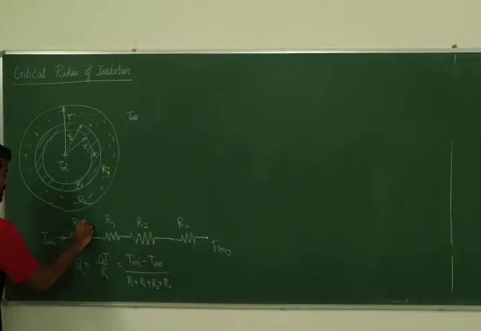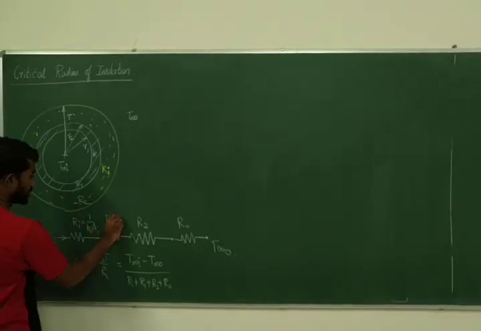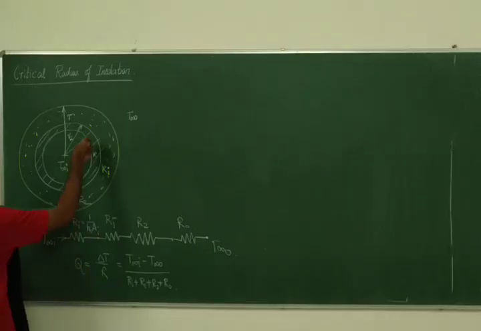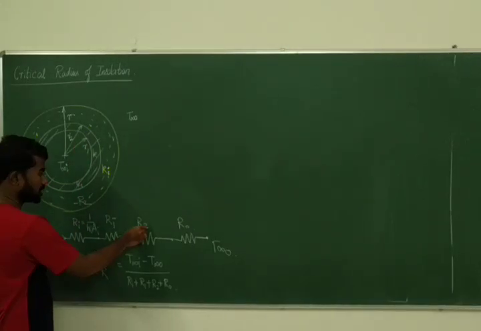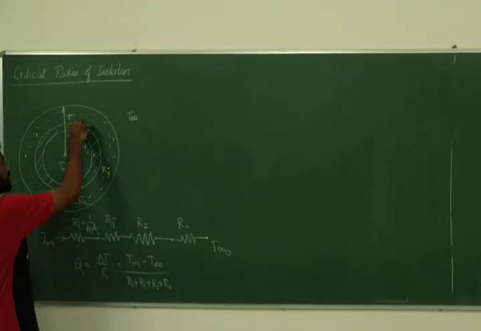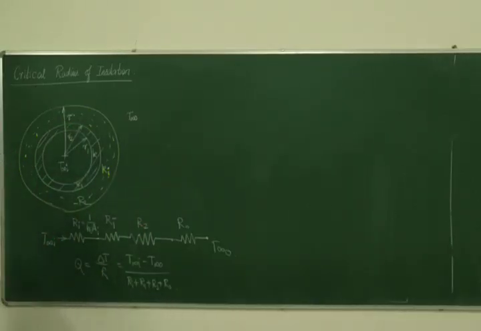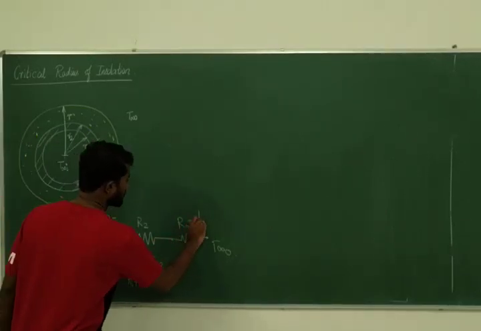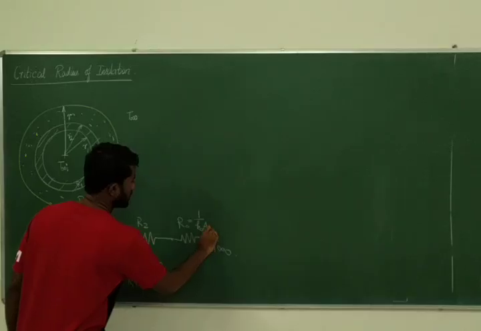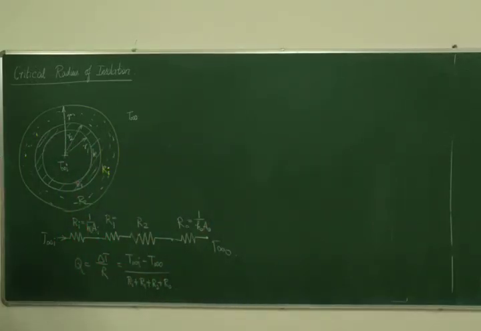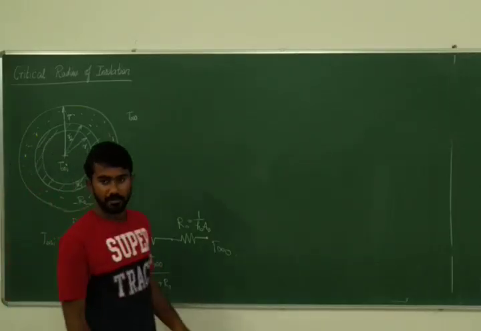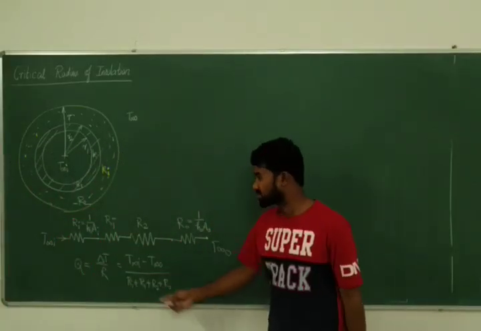Now Ri is 1 by Hi into Ai. R1, you know the expression, ln R2 by R1 by 2 pi K L. R2 is logarithm R by R2 into 1 by 2 pi K L. Ro is 1 by Ho into Ao. So we have this expression. Q is equal to T infinity I minus T infinity O by sum of all the resistances.